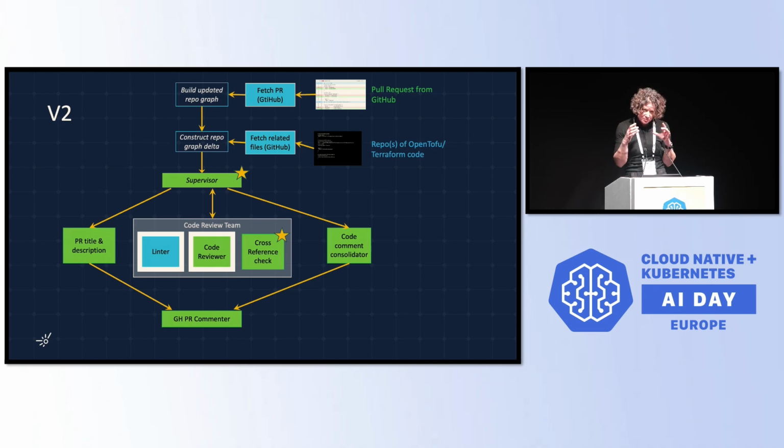We've got a very small code review team. And then we take all the responses from the code review team, and we have a separate code consolidator agent. We bring feedback from the PR title and description and the consolidated code comments back to actually write to the pull request.